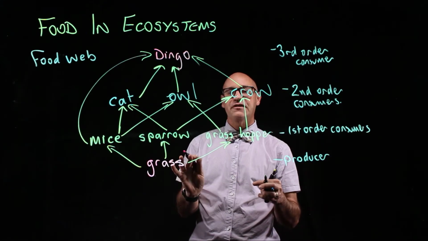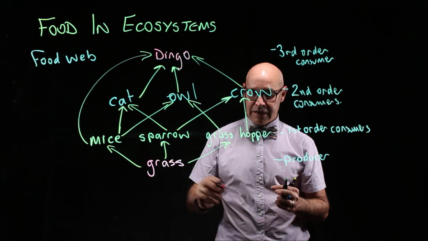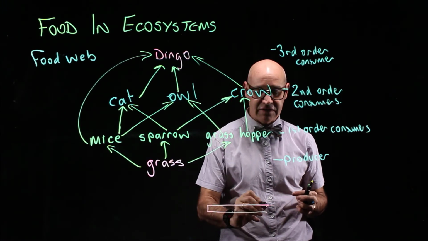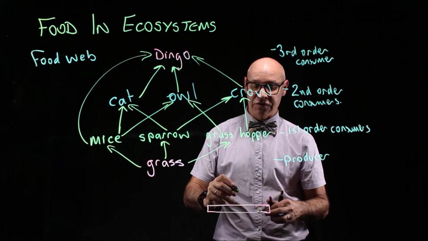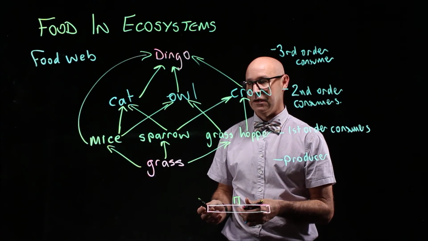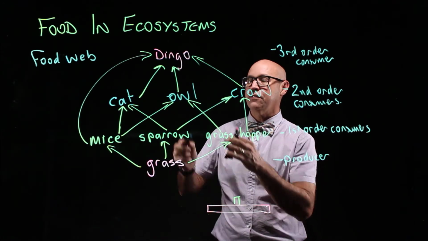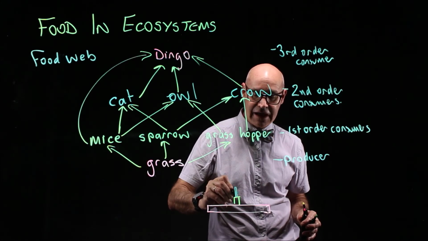So we can represent the energy flow through the ecosystem with a pyramid. So this is the energy that's in the grass. The energy that then is transferred to the next level, to the first order consumers, is only 10% of that. And the energy that's transferred through to the second order consumers is only 10% of that.